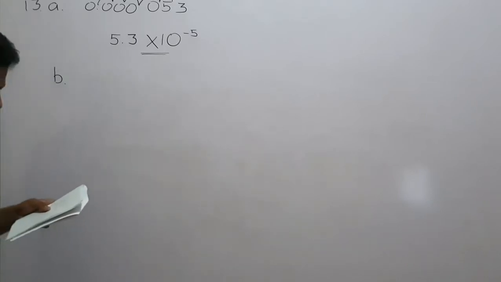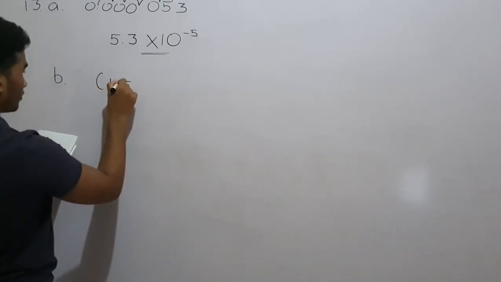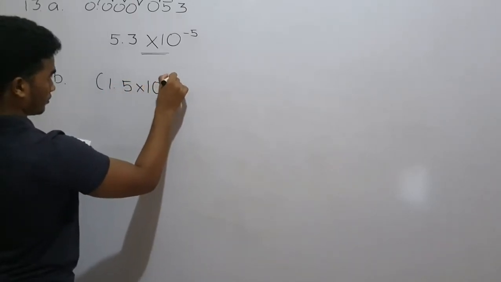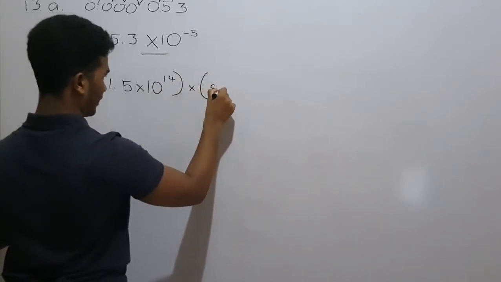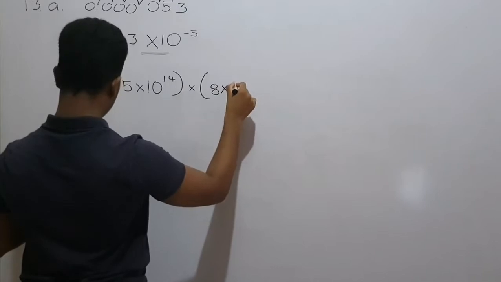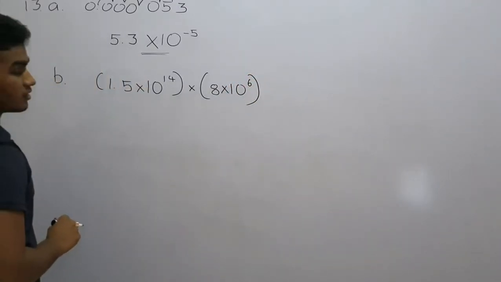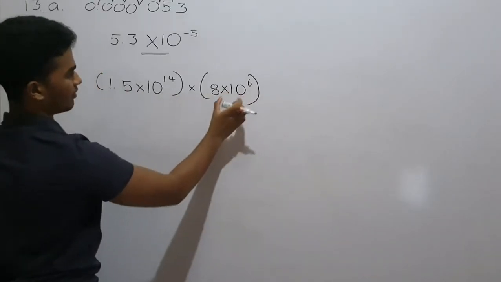Evaluate 1.5 into 10 to the power 14 into 8 into 10 to the power 6. Now this, when it is multiplication, you can multiply the numbers and then add the powers separately.